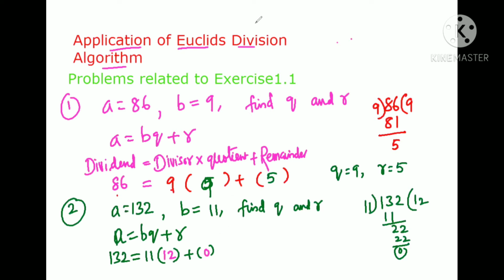Okay. Next, let us solve one more problem. a is equal to 1099, b is equal to 100. Find q and r. What is q? What is r? Just divide 1099 by 100. 100 ones are 100.